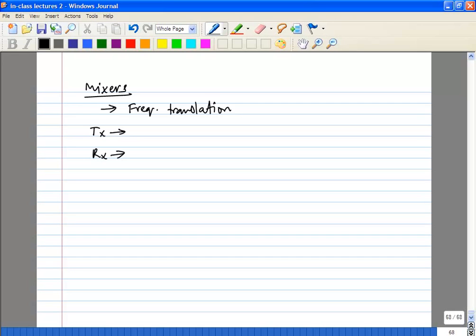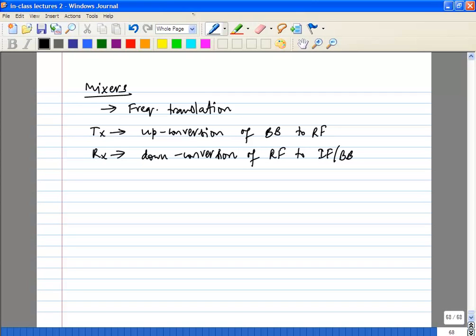In the transmitter, you're going to use it for what is called up conversion of the baseband signal to RF. And in the receiver, you are going to use it for down conversion of the RF signal to IF or to baseband. You can do both.